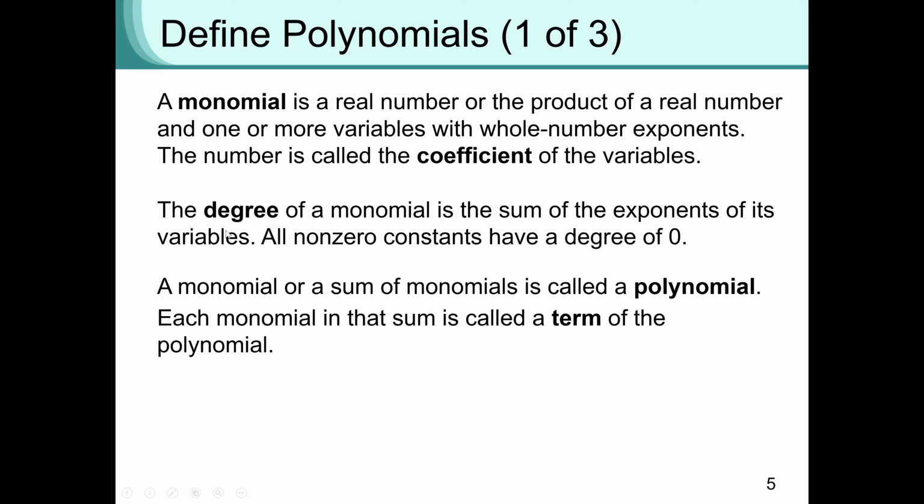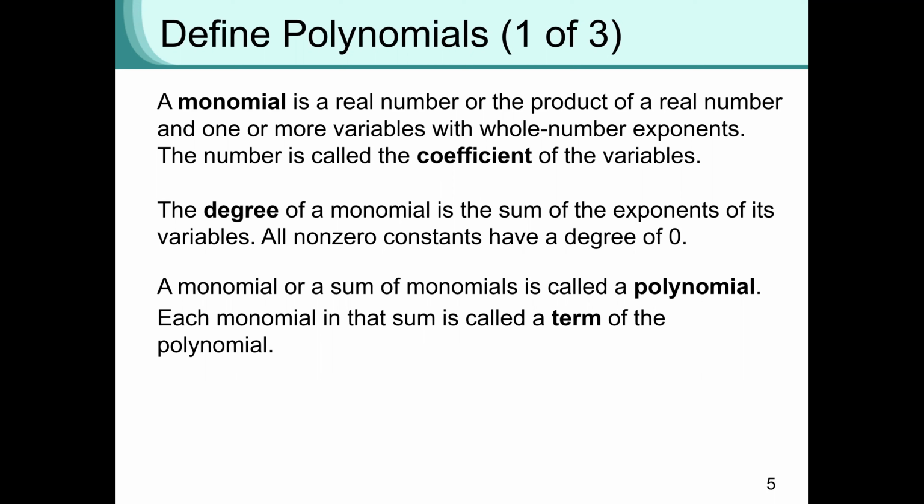And also we have the degree. The degree of a monomial is the sum of the exponents of its variables. So all non-zero constants have a degree of 0. So what we mean here is the sum of the exponents, and we will see an example. If I have 2x squared plus x plus 5, the degree will be 2 because the highest exponent is squared.